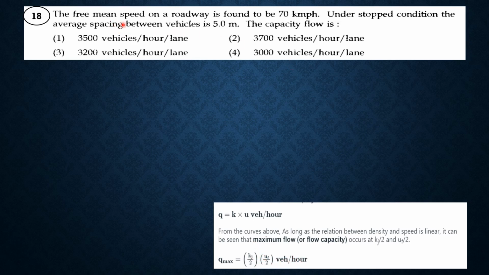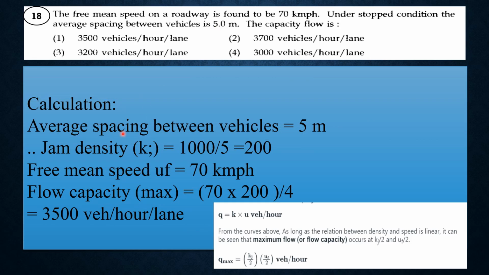Jam density kj equals 1000 by 5, and free mean speed uf is 70 kmph.